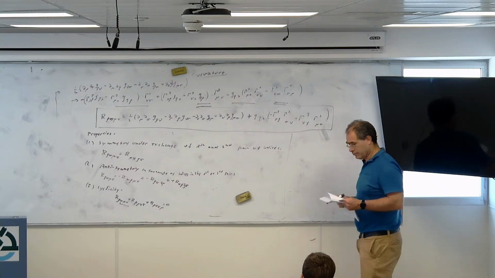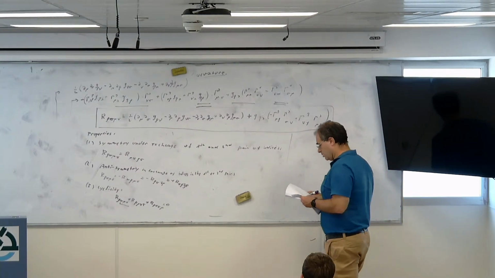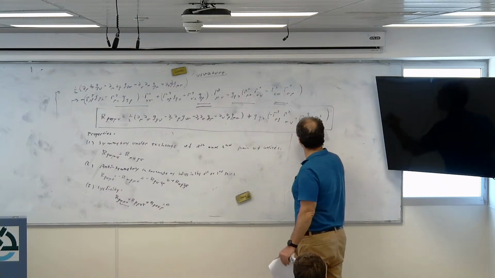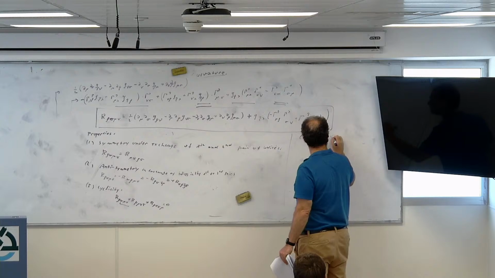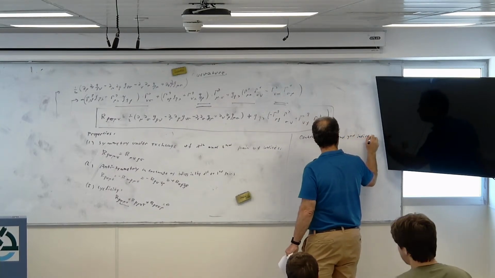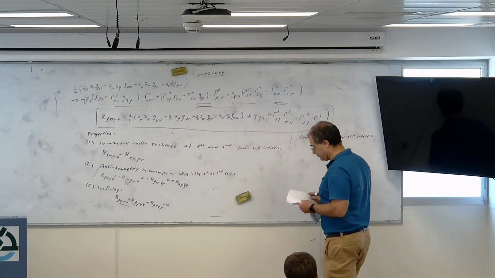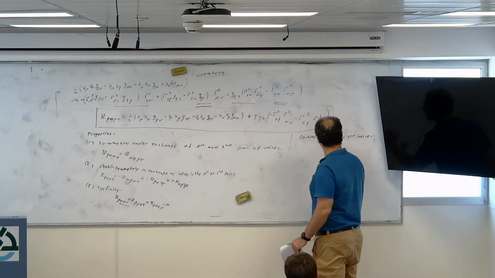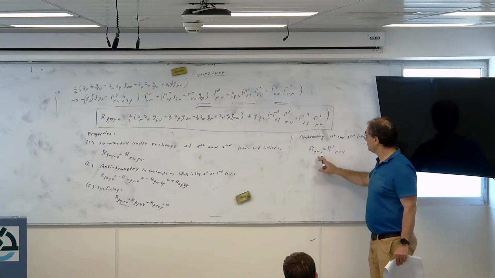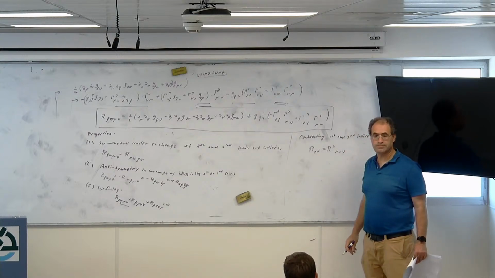So if we contract the first and third indexes, namely R lambda mu lambda nu, we get another tensor, which is R mu nu. There are only two lower indices.